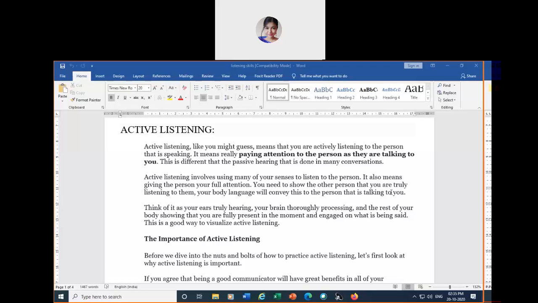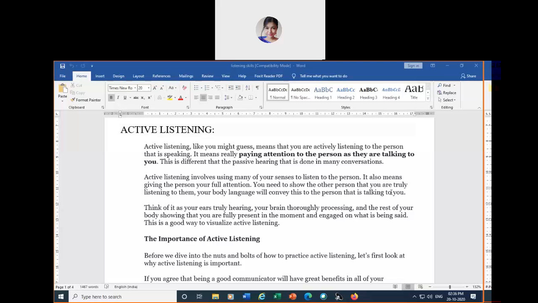If you do not choose to, and it is just because you have an ear and you can hear the sounds, that particular act of perceiving sound by the ear is known as hearing. And when you choose to hear something, that is listening. So that's the difference between hearing and listening.